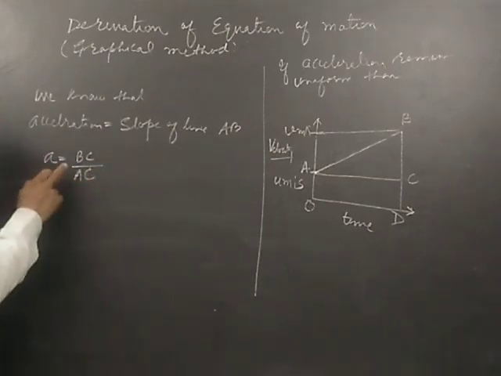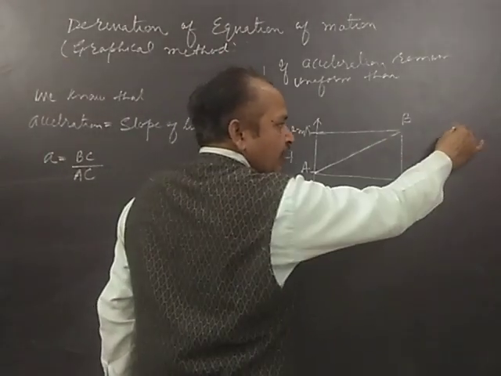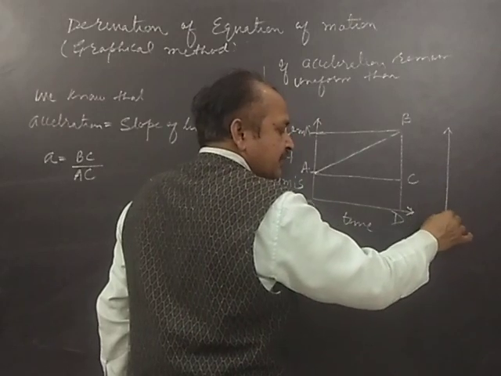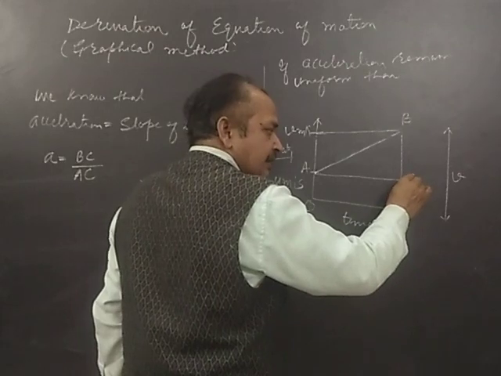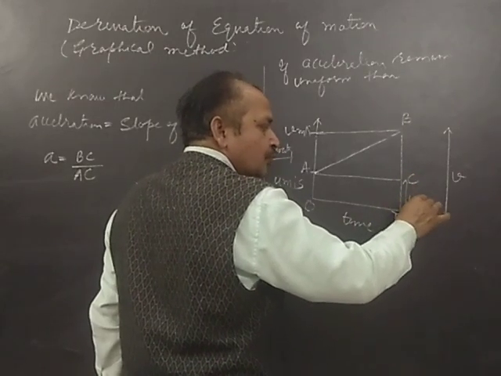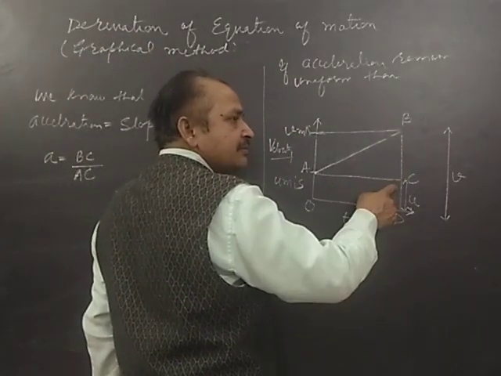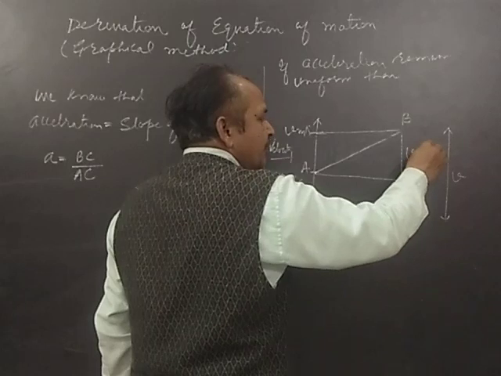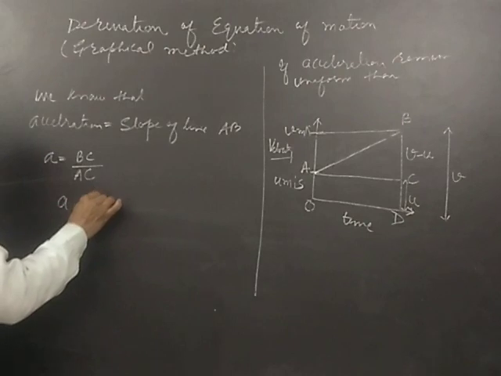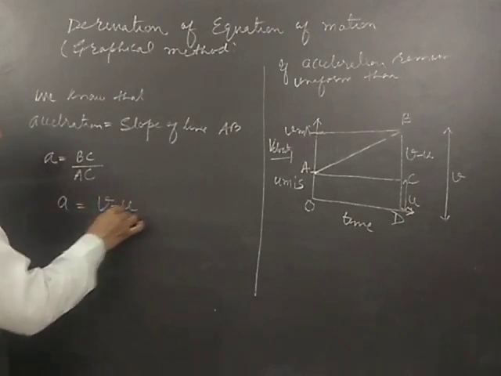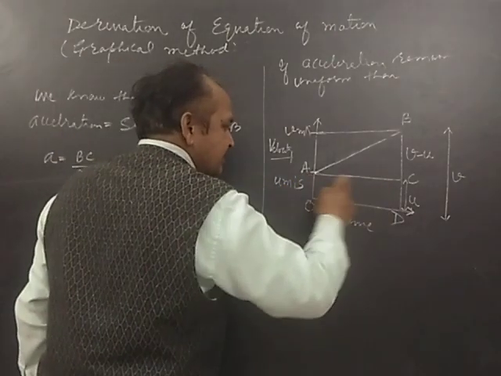Any doubt? Now what is BC? BC is this distance. Now you can very well understand this total is v and this small distance is u. So what will be BC? Very good. It will be v minus u. So what I will get? a is equal to v minus u divided by AC. And what is AC?